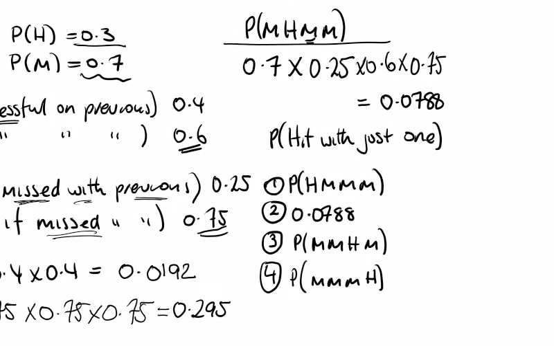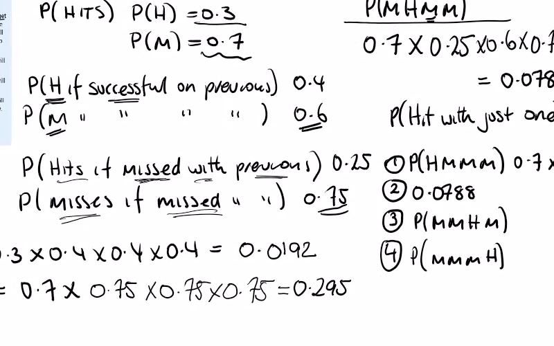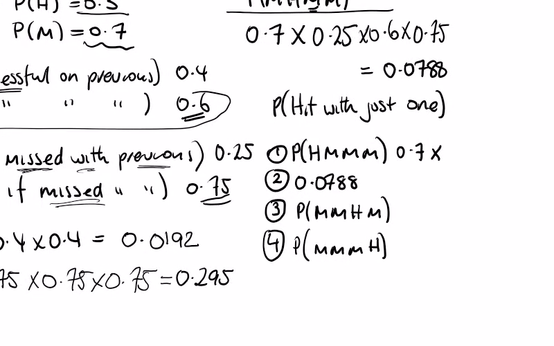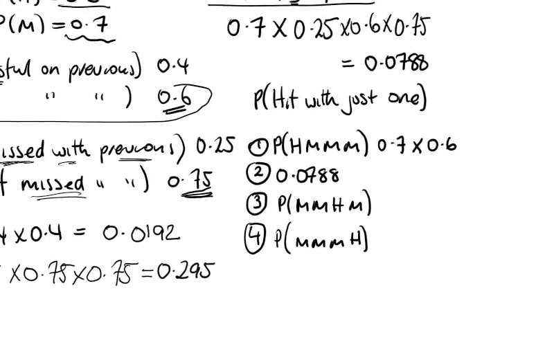So now we need to look at these. Hits first, it's my 0.3. Misses, having hit previously, is the 0.6. Misses, having missed previously, is the 0.75. So we've 2 of them.